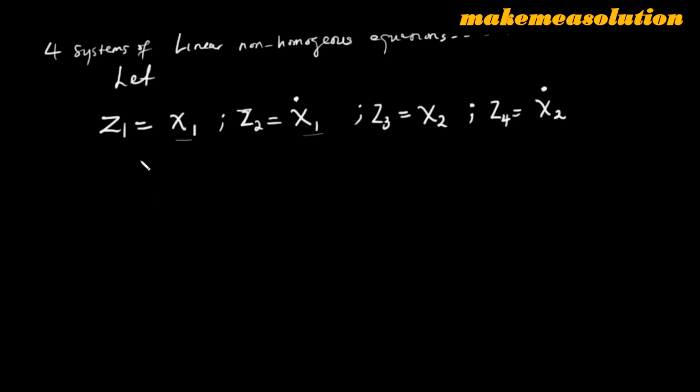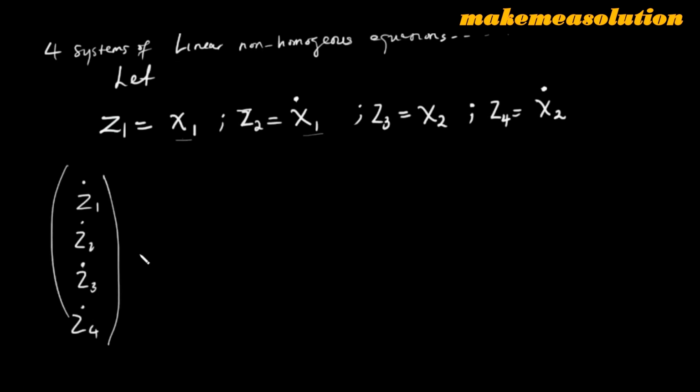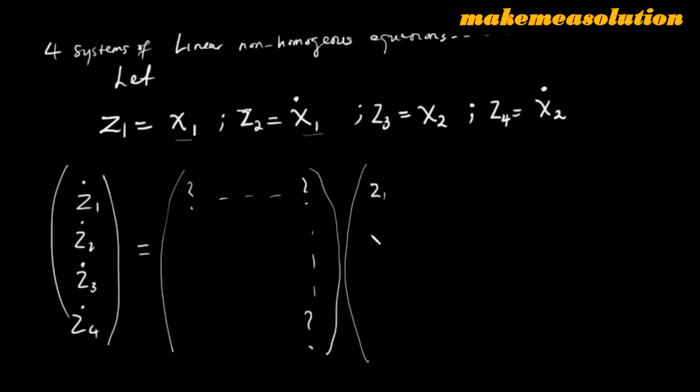Remember that with these state variables, you'll be required to find z1 dot, z2 dot, z3 dot, z4 dot. You'll be required to find this representation, and this will give me some 4x4 matrix, which I don't yet know the entries of, but I know that the states will be z1, z2, z3, z4, plus inputs. This is how our state is going to look.